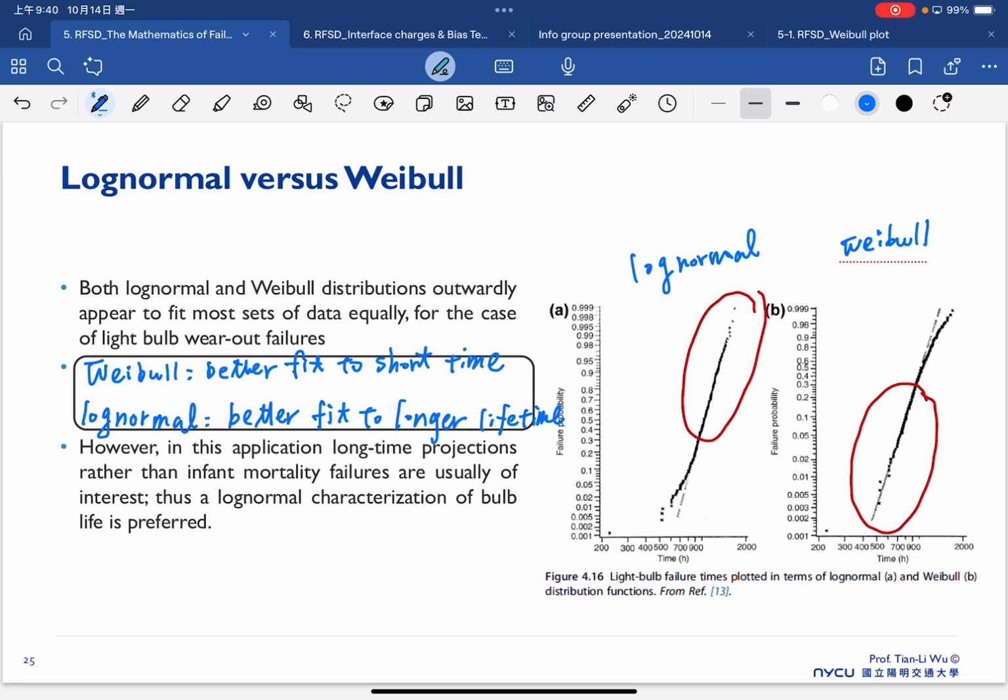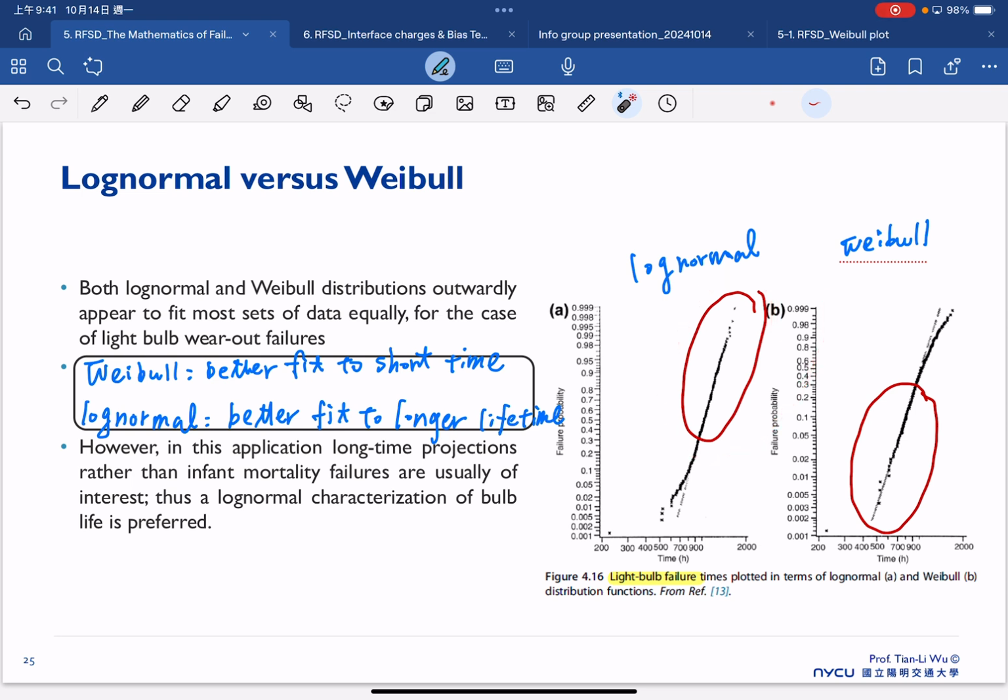This is experimental data with the bulb values. This is our bulb lifetimes plotted in the log normal or the Weibull distribution. We can see both distributions can fit most of the data set, but the main difference is that the Weibull gives us a better fit at shorter times, and log normal gives a better fit at longer times.